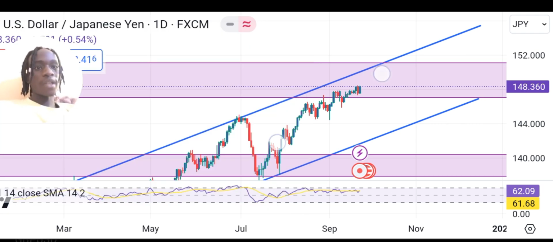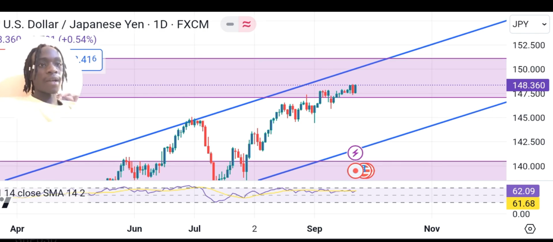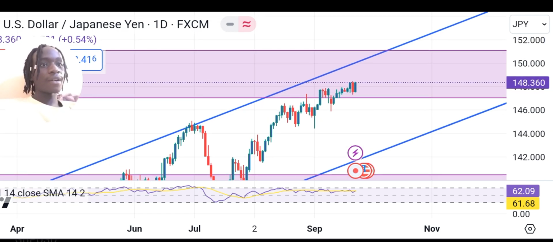So we just wait, but our technical analysis says that the market will come, maybe reach the trend line here, so we can place our stop loss above here at 152, above the trend line and above the supply zone.